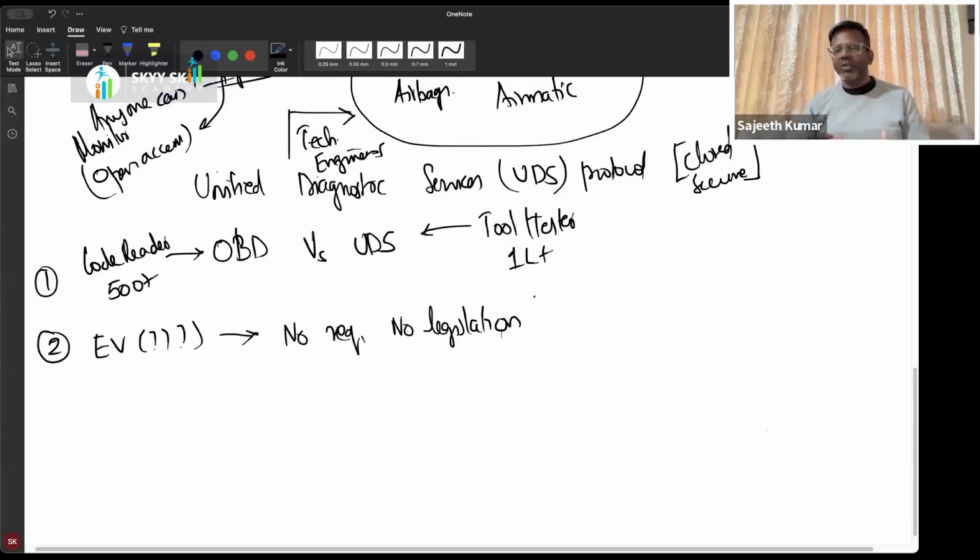Now, this throws up a lot of interesting things, because any small vehicle manufacturer, if you take India right now, is not required by the government to put a diagnostic service inside. So most of them don't even understand that diagnostics is needed.